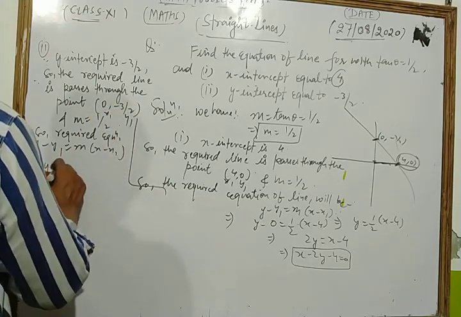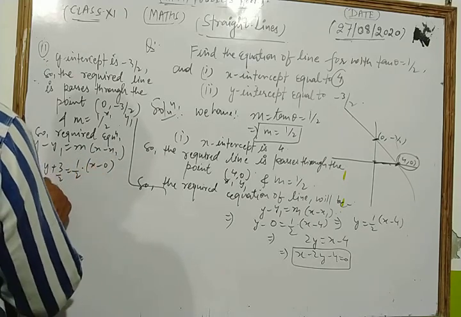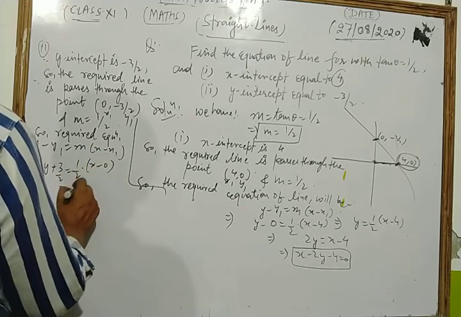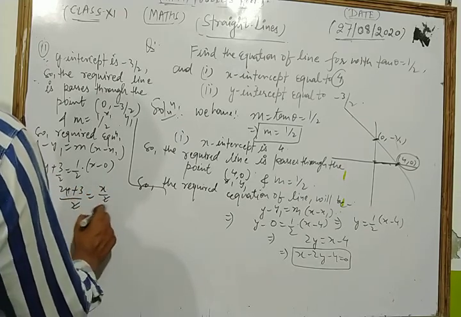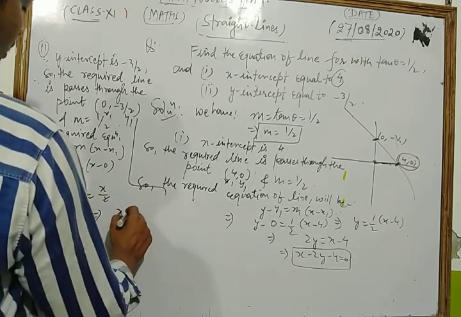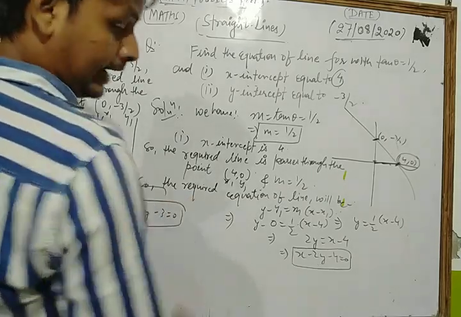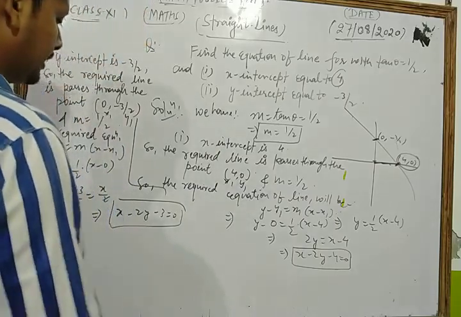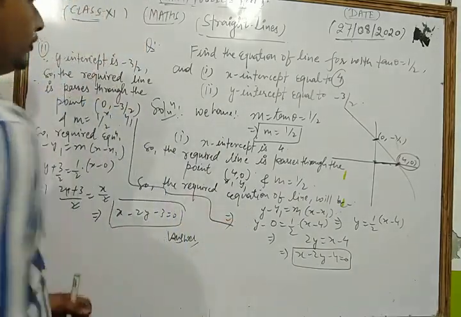So y plus 3 by 2 is equal to 1 by 2 times x minus 0. So we have 2y plus 3 upon 2 is equal to x by 2. The 2s cancel each other. So we have x minus 2y minus 3 is equal to 0. This is the other equation of line. Hence we get our answer.